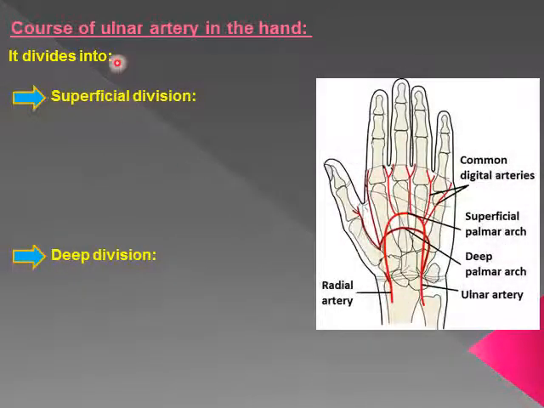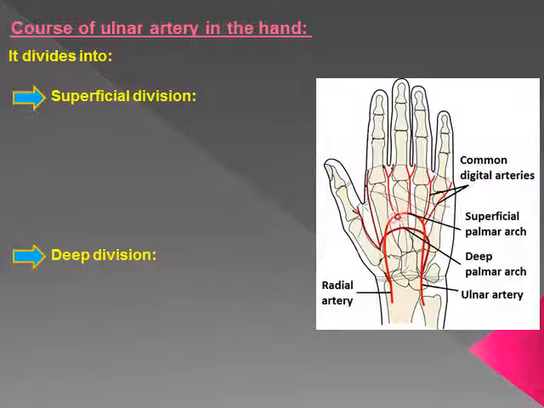Now we'll talk about the course of the ulnar artery in the hand. After passing in front of the wrist to enter the palm, the ulnar artery divides into superficial and deep divisions.